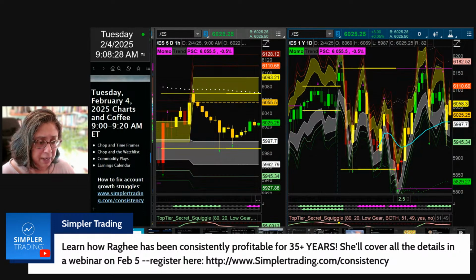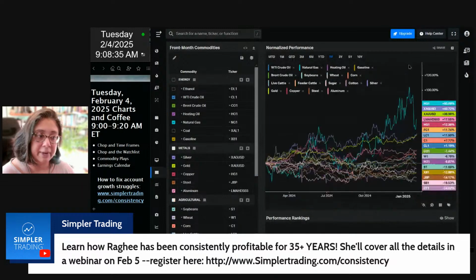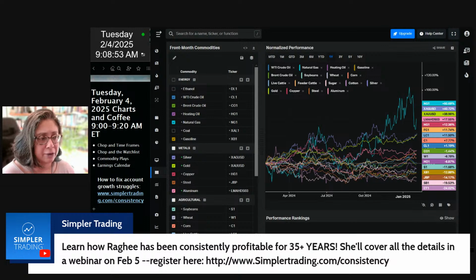Another thing I want to mention is where there might be some interesting action this year. Does it have to be all about the S&P and the NASDAQ and the Mag 7? No, it's a great big playground that we get to play in. And part of that is looking at where the commodities are sitting. What I've got here in this chart are things like natural gas, gold, copper, feeder cattle, live cattle, corn, crude oil, wheat, heating oil, silver.